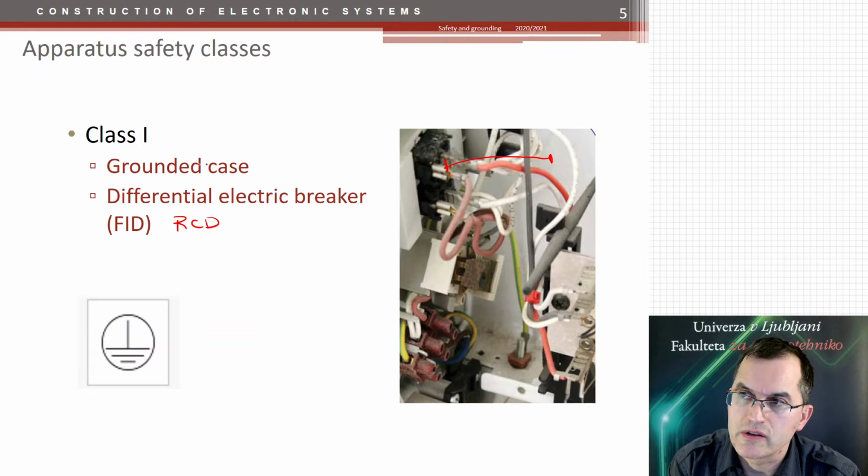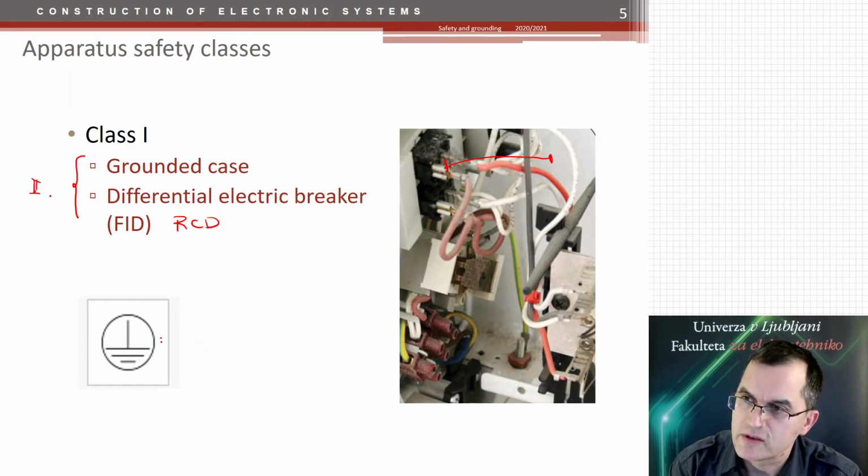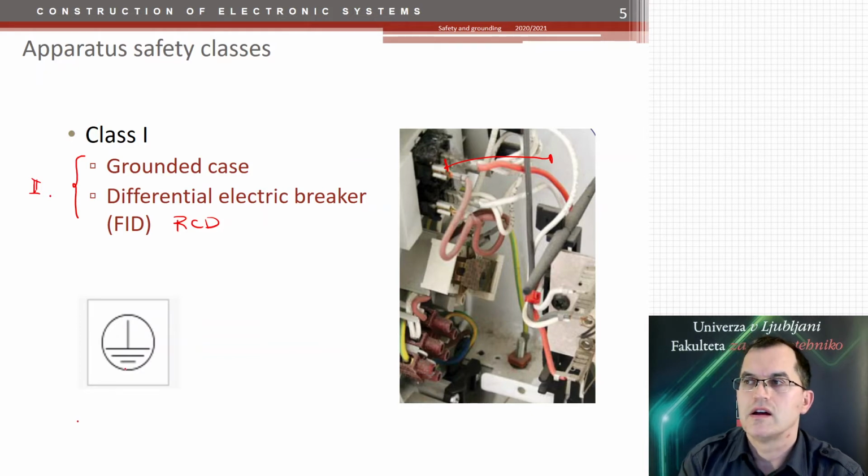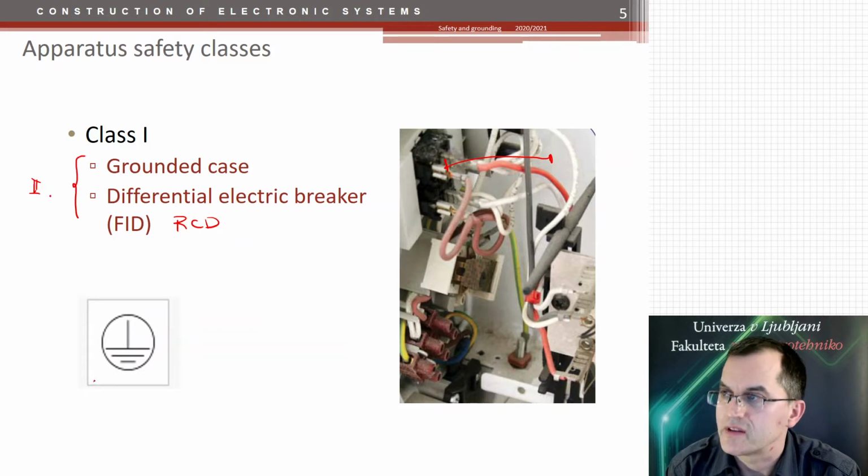The grounded case and differential electric breaker form the second level of protection. The first level of protection, of course, is the air insulation between the hot parts and the case. And the symbol for such kind of devices is that one here.